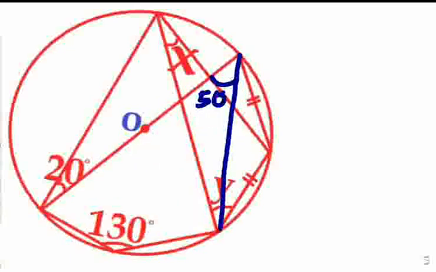So let's draw a line here down to the center of the circle. So if the angle here is 50 degrees, the angle the same arc subtends at the center is going to be 100 degrees, because angle at the center is twice angle on the circumference.